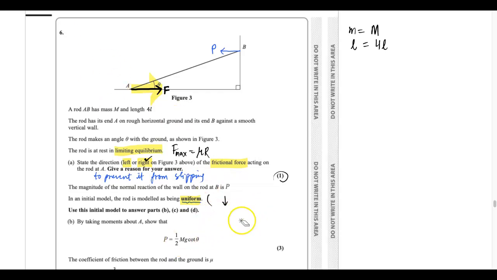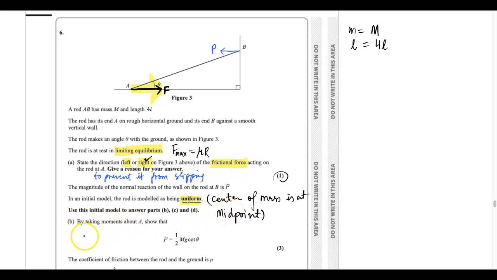This is a shadow series, remember. So when it is uniform, the center of mass is at the midpoint. We have done non-uniform things also in moments.